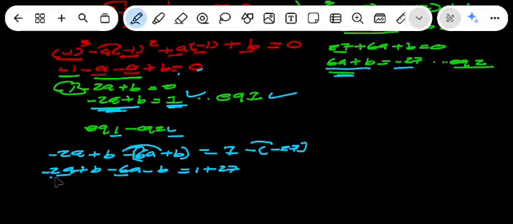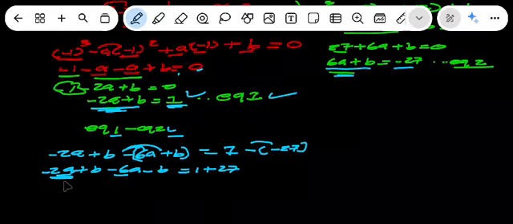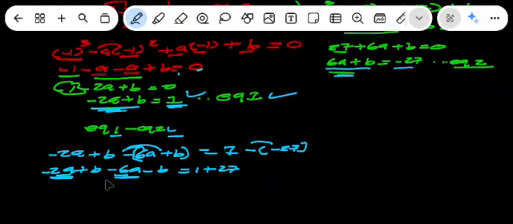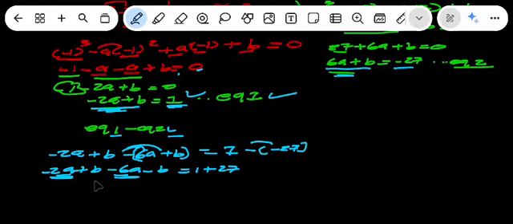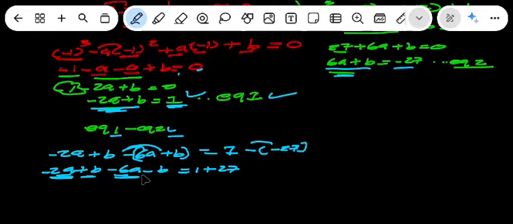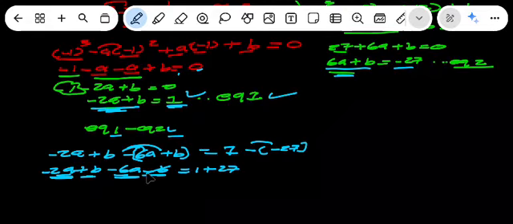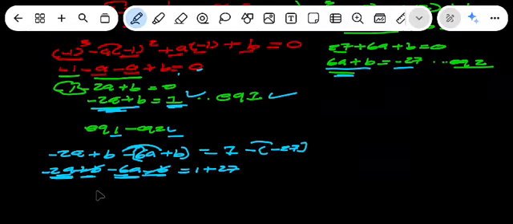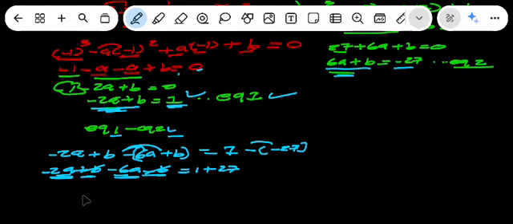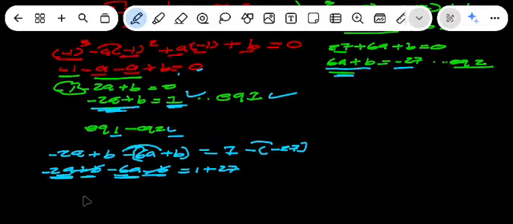So we have here negative 2a and negative 6a. Here we have minus b and positive b, those will cancel. Then this will be negative 8a, if you check there, minus 6.